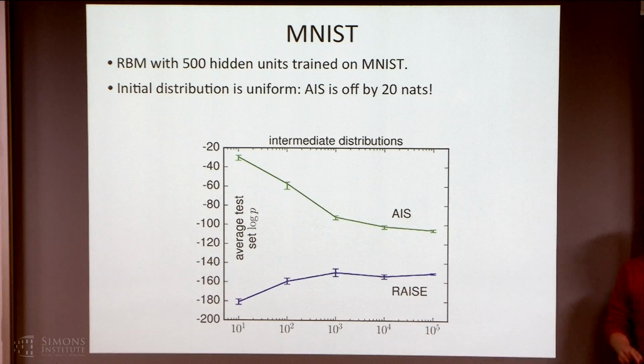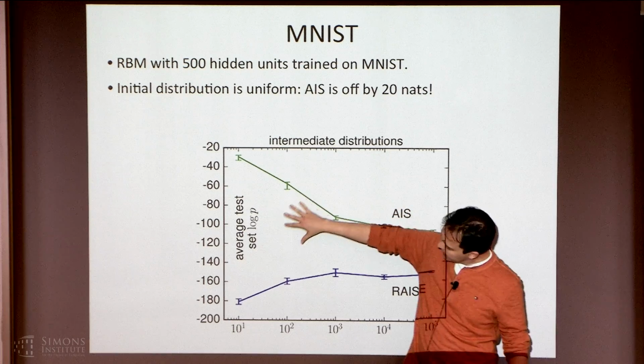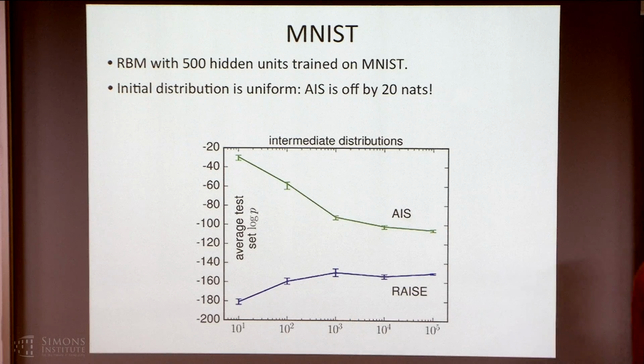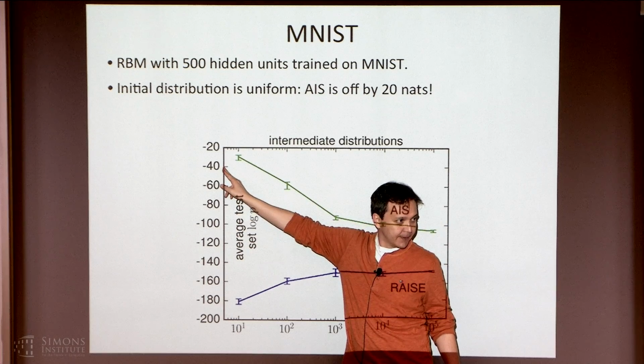Most people would not know what those measures are. Yeah, so these are the average test set log probabilities, in nats. These are based on logs. The intuition here is the higher the number, the better the model is.